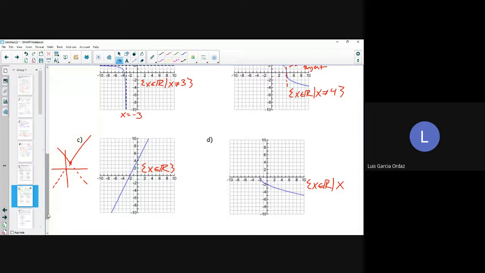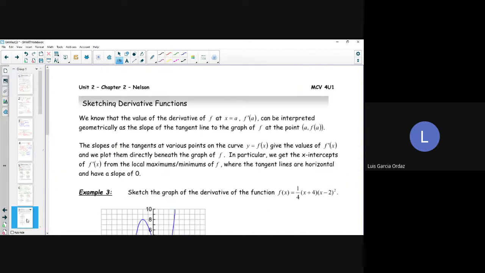However, we don't know if this point's included, so we can just assume it's just greater than -2. All right. So we're going to move on to the next page.